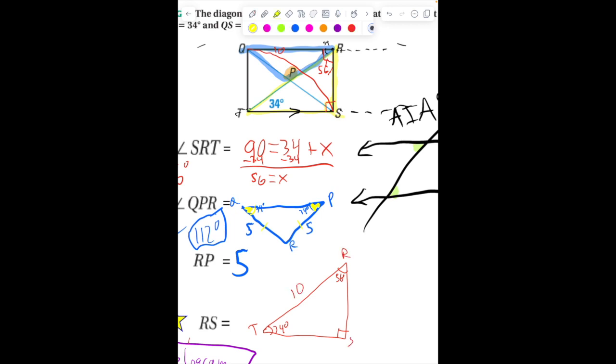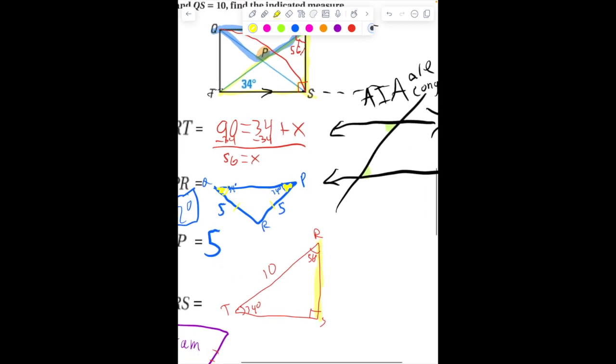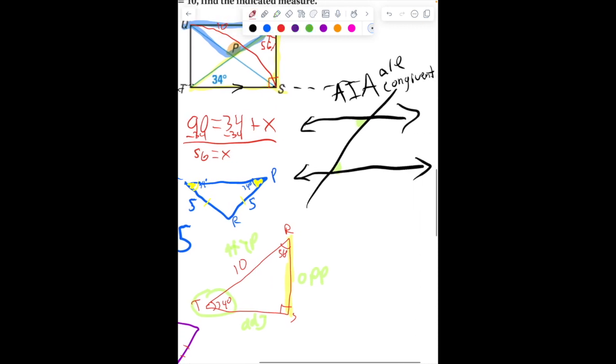And what's my objective? To find RS. So I'm going to use trig, and I'm going to use angle T to start. From here, I have opposite, hypotenuse, and adjacent. I'm going to use opposite and hypotenuse.